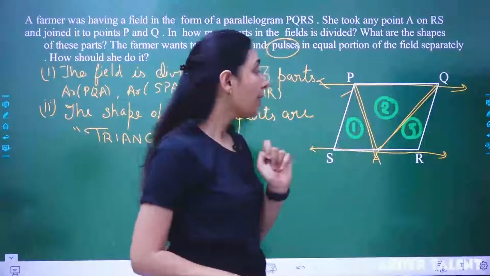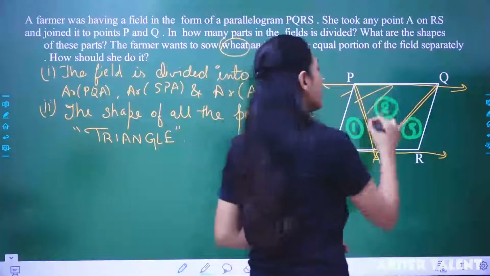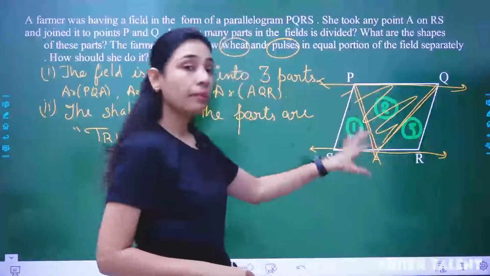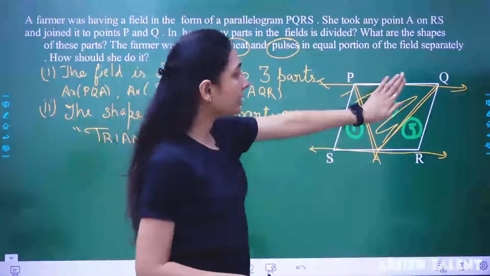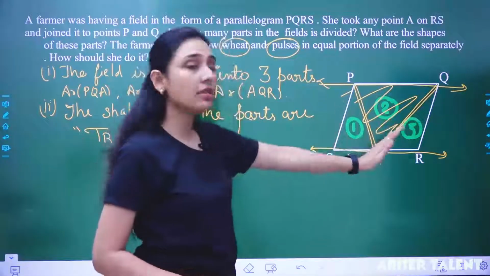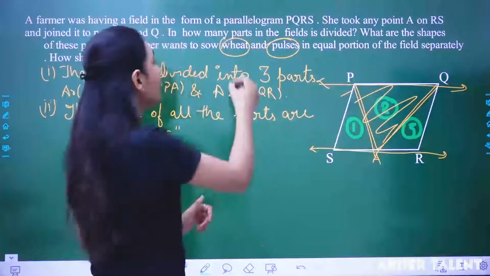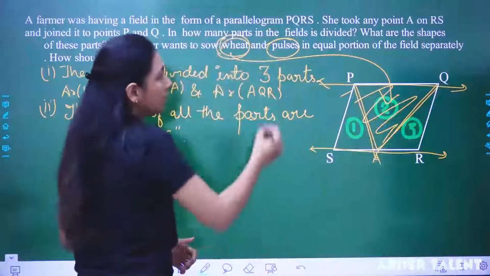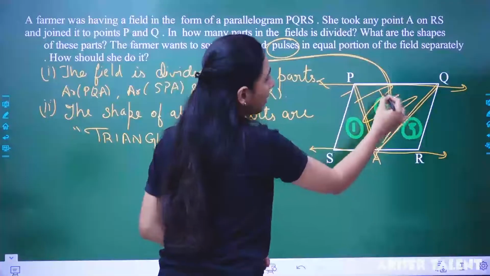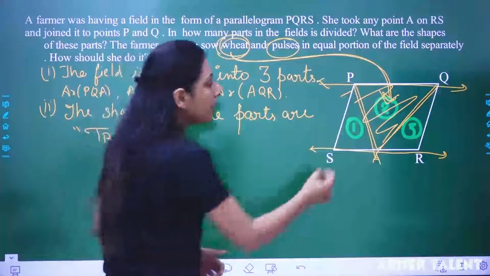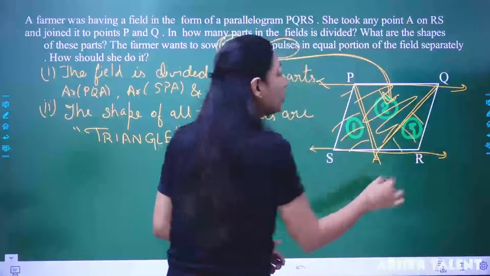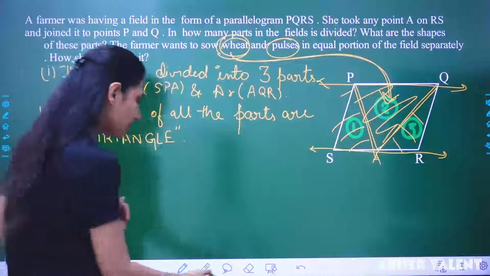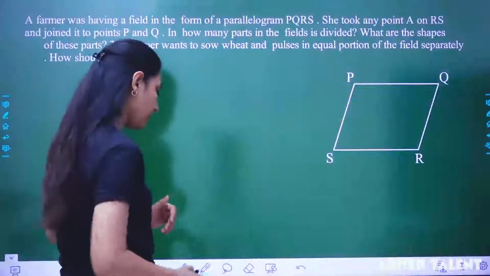Now, the area of this triangle will be half of the area of this parallelogram. So, this is the half and the rest is also half. If we sow wheat here in the triangle area, then the remaining area number 1 and area number 2 will get pulses. This is simple.